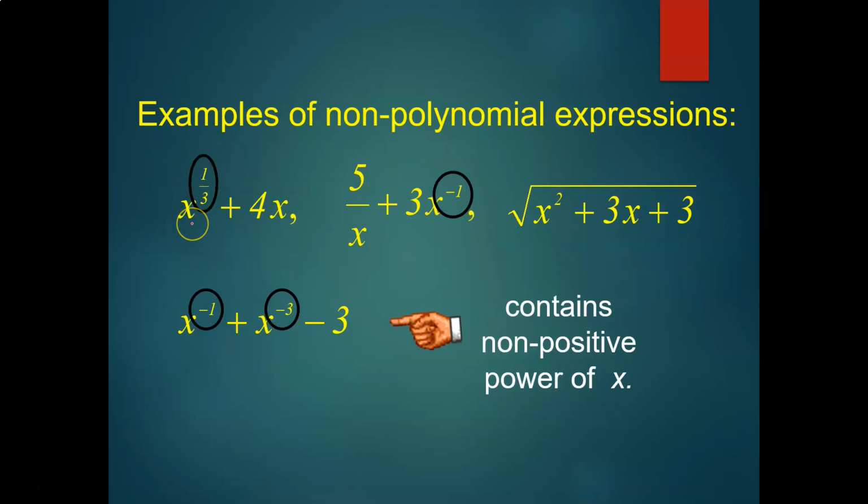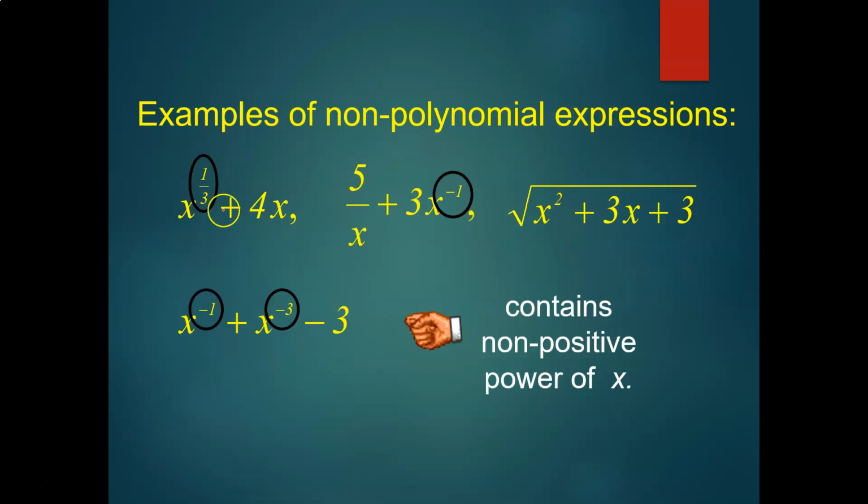Here you have x to the power of 1 over 3. So what is this? 1 over 3. It is in terms of a fraction, not a positive integer. Positive integer, whole numbers: 1, 2, 3 and so on. But not in the form of a fraction like this.